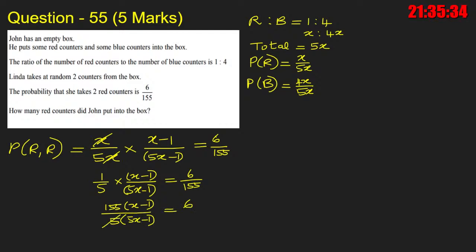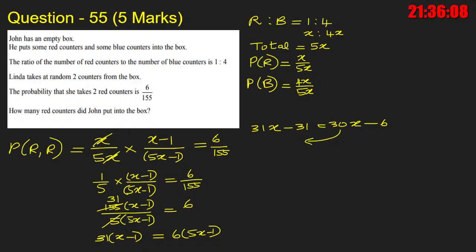You can cancel 5 with 155: 5 goes into 5 once and into 155 thirty-one times. So what's left is 31(x minus 1) equals 6(5x minus 1). Now I'm going to expand the brackets. 31 times x is 31x minus 31, equals 6 times 5 which is 30x, minus 6.